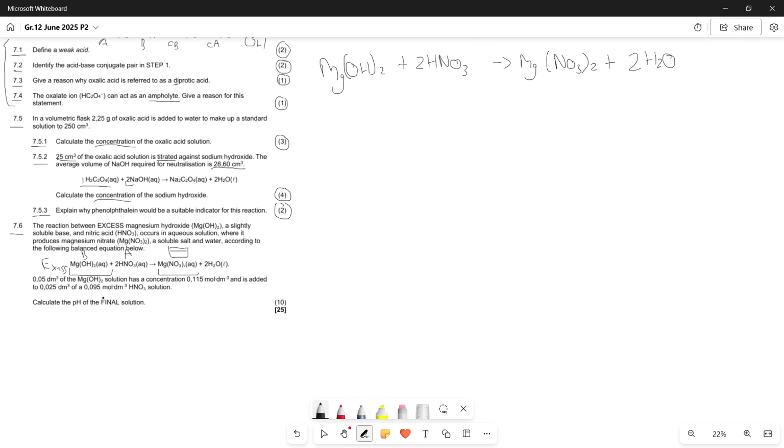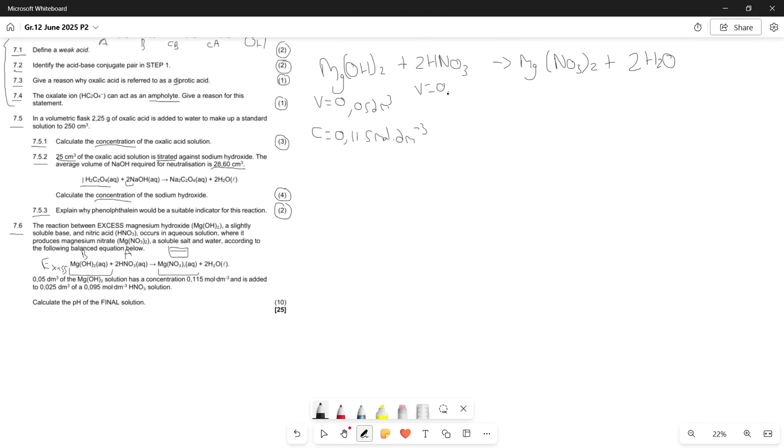So they say 0.05 decimeters cubed of the Mg(OH)2 solution. So we have our volume of 0.05 decimeters cubed, already in decimeters cubed, has a concentration, pretty good for us, cool, of 0.115 mol.dm^-3. It's added to 0.025 decimeters cubed. So we're talking about our HNO3 solution over here.